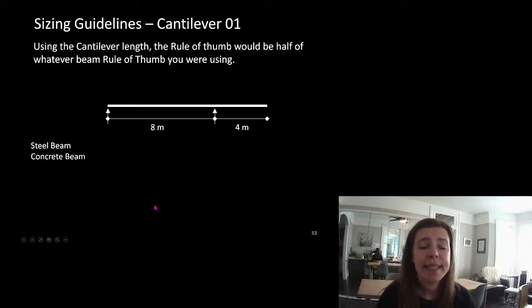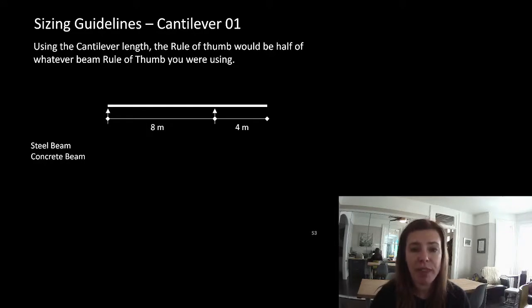Okay, sizing guidelines for cantilevers. What happens when it's a cantilever? If you guys remember our deflection criteria, we would have the sizing guideline. We're gonna do the same thing here for sizing guidelines. Using the cantilever length, the rule of thumb would be half of whatever the beam rule of thumb you were using was.